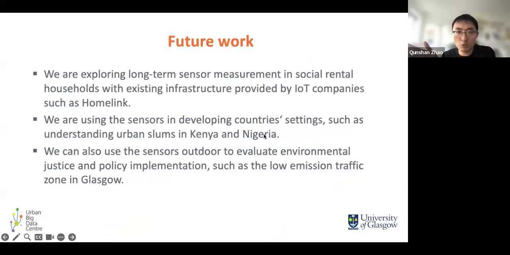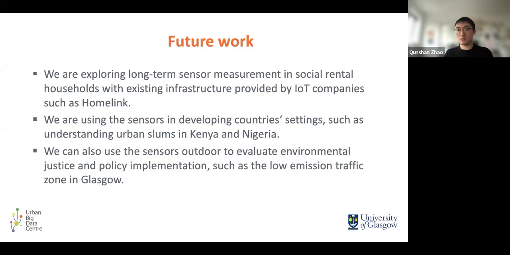A couple of future work ideas: the first time was 7 days, the second time 1.5 months, this time maybe 3 months and 6 months. But if we really want to do it long-term, what's the best way? We have been in touch with a couple of IoT companies that have existing infrastructure.